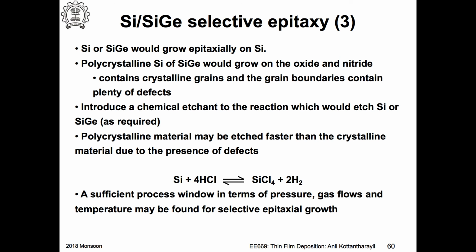So you can see that you can find the sweet spot in your process where the net deposition rate of epitaxial silicon is positive, but the net deposition rate for polycrystalline silicon is negative or 0. Okay. So this is what it says.